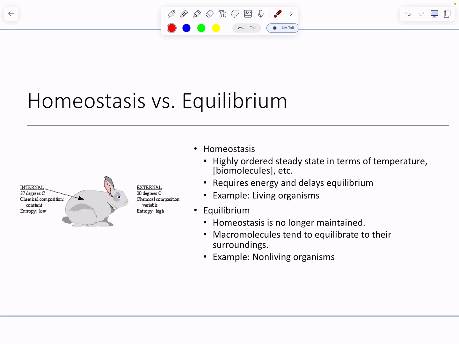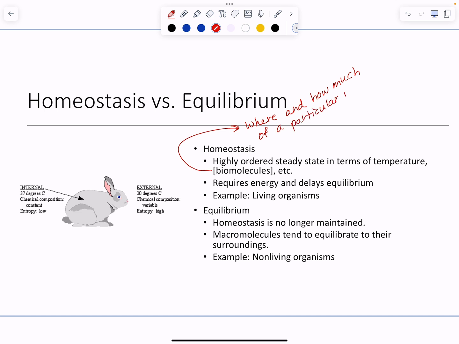Remember, our square brackets represent concentration. So this is where and how much of a particular molecule is. Does anybody know what the equilibrium state for a living thing is?